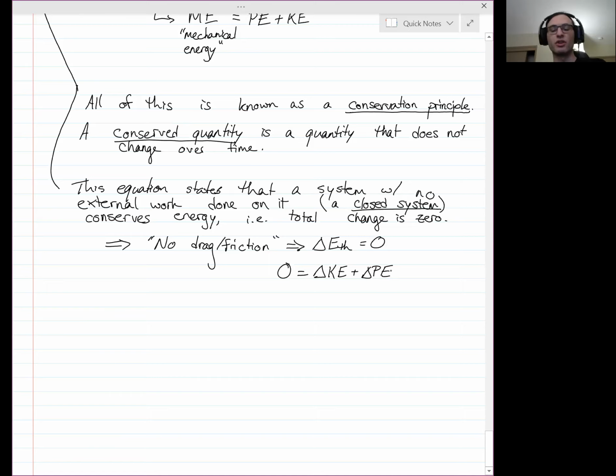If you have a closed system with no drag or friction, then that would imply that the mechanical energy is conserved. Which means if the change in mechanical energy is 0, then the mechanical energy is conserved.